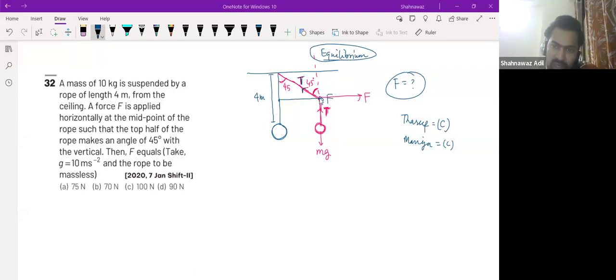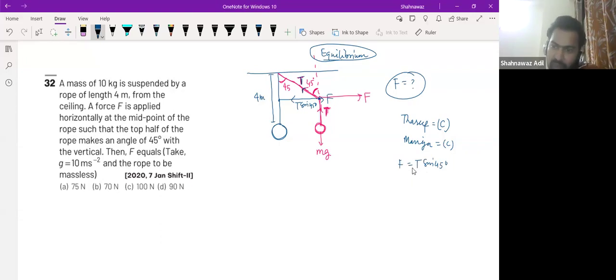So everything is there. At this point, you have to draw the free body diagram. So F is simply this component, T sine 45. So F is simply T sine 45.